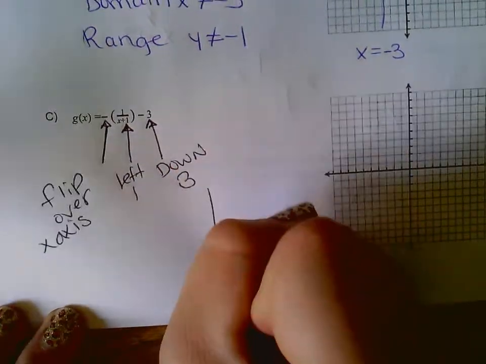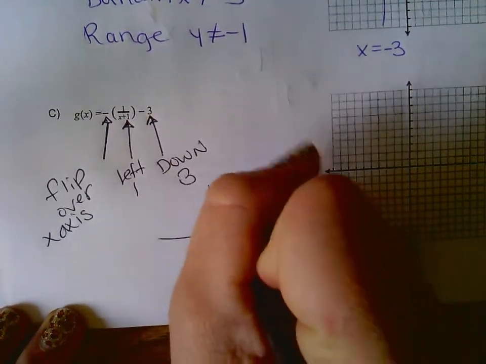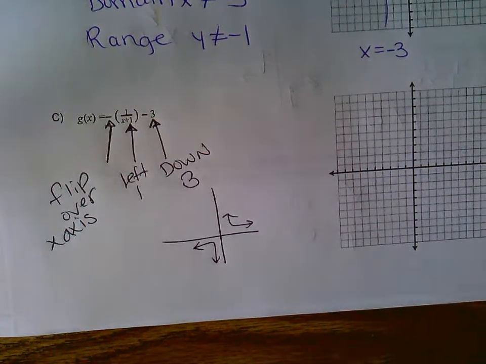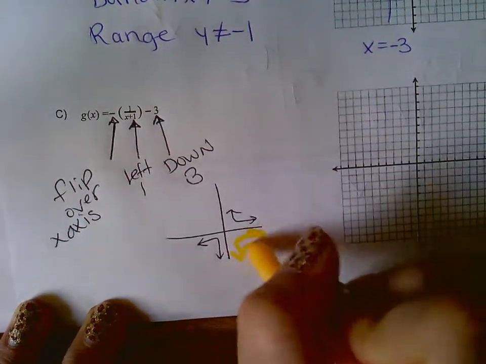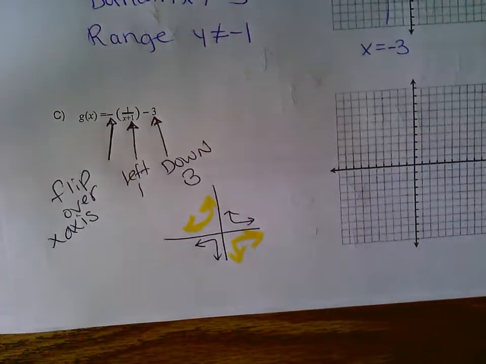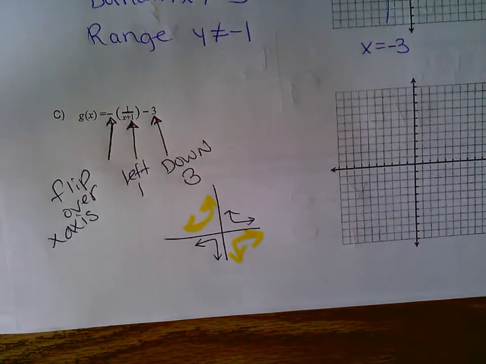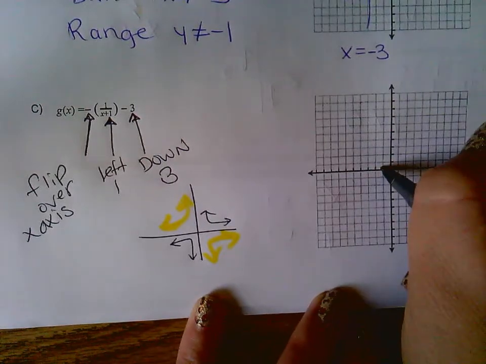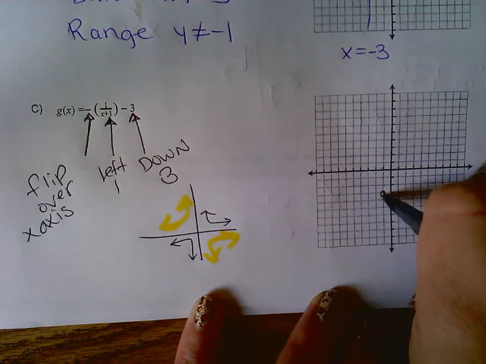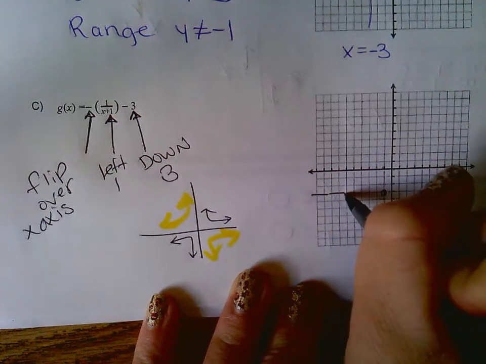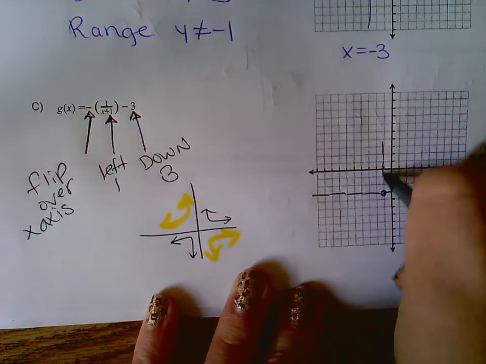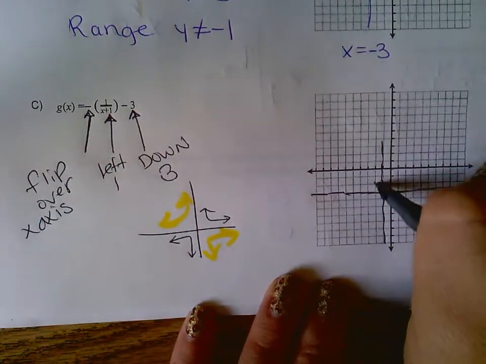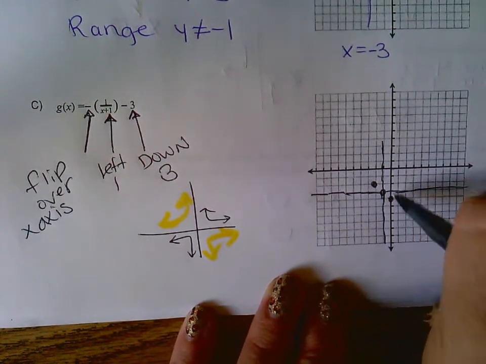So when you graph your parent function, instead of thinking of those elbows in that direction, if you're flipping it, your elbows are now going to go in that direction because they're flipped over. So I'd go left 1, down 1, 2, 3 here. That's the center of my asymptote. That's not my point. I'm going to go here for a dot and here for a dot, and those will be my elbows.